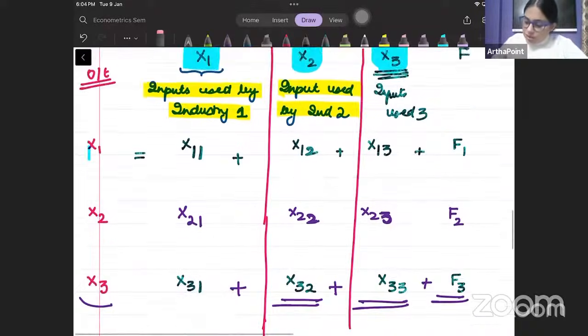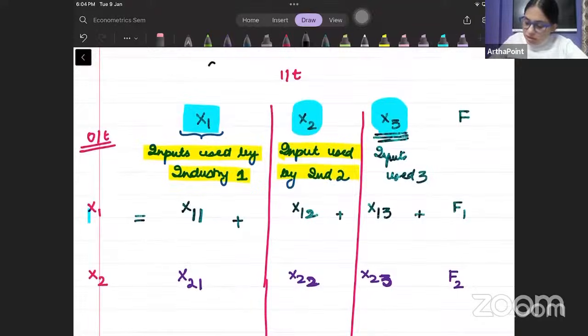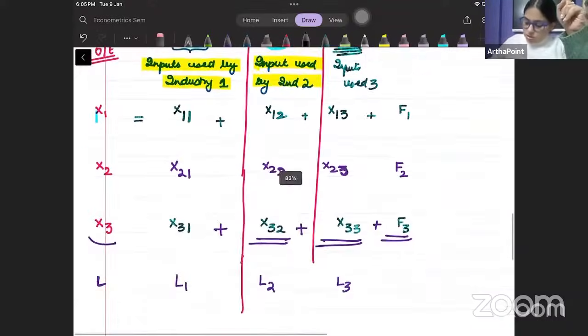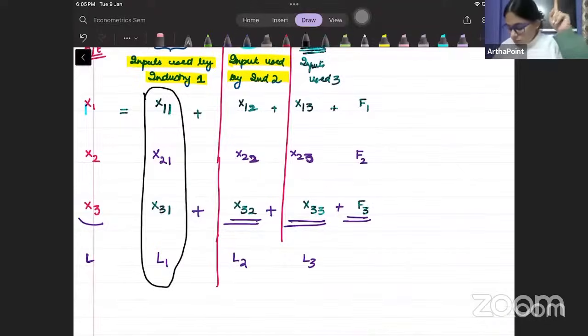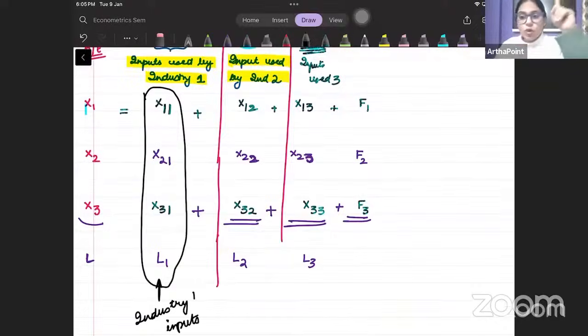देखो, ये कॉलम इंडस्ट्री 1 के इनपुट्स को रिफ्लेक्ट करते हैं. ये कॉलम बताता है इंडस्ट्री 1 के इनपुट्स कि कितने कितने इनपुट इंडस्ट्री 1 को लगे.